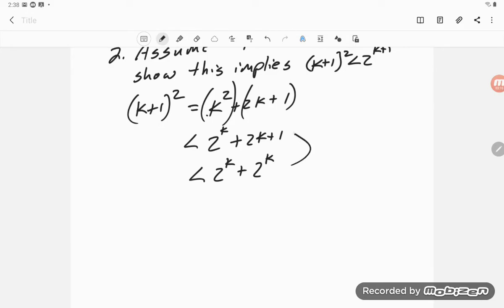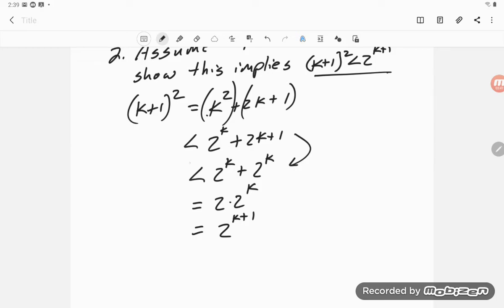Well, we got to look at that. Even though, if you think about a few numbers, it's pretty obvious, we need to show that. But assuming we can show that, then we've got that step, which is that this is now just 2 times 2 to the k, which is 2 to the k plus 1, which is what we needed to show.